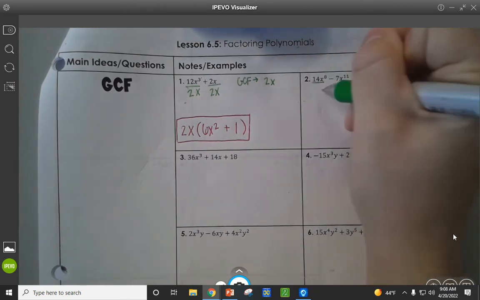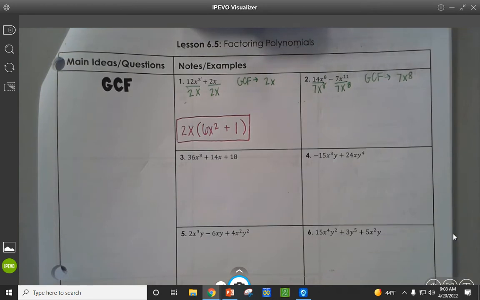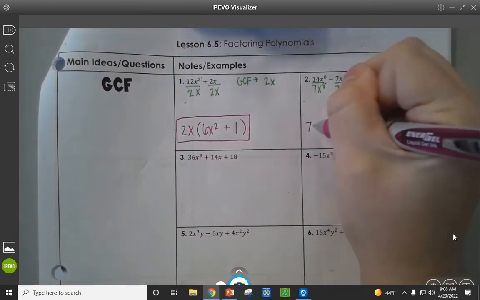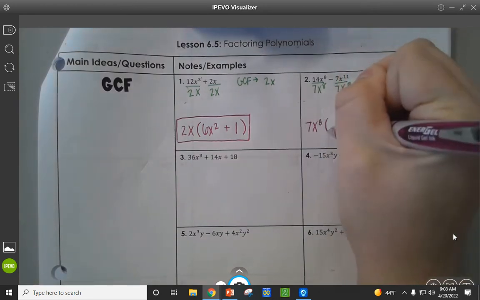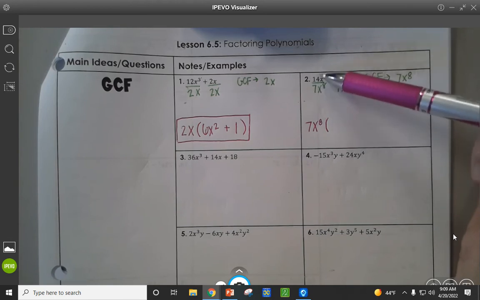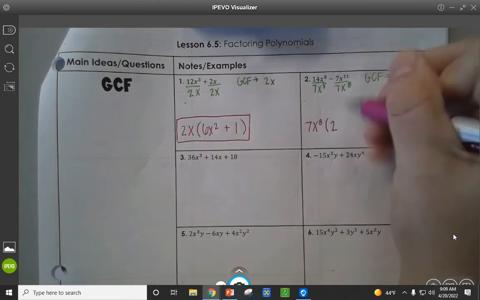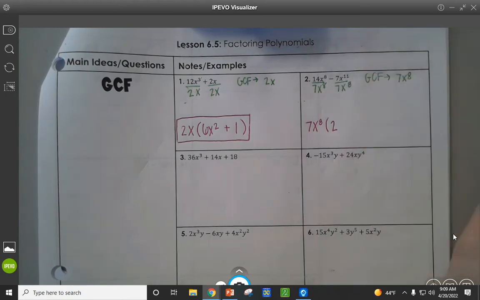So I'm going to divide both of those by 7x to the 8th. So your GCF goes on the outside. If I do 14 divided by 7, I get 2. And then the x to the 8ths completely cancel.